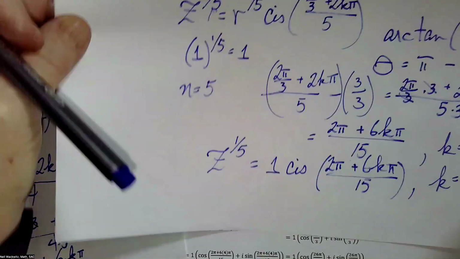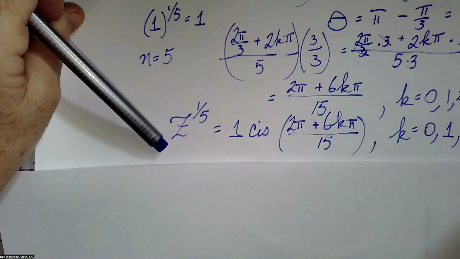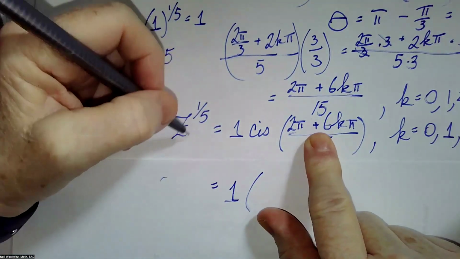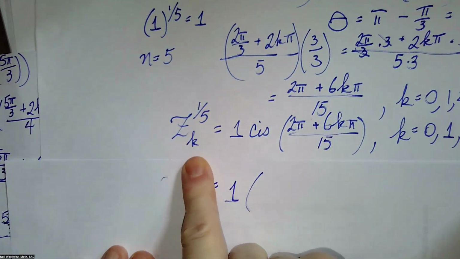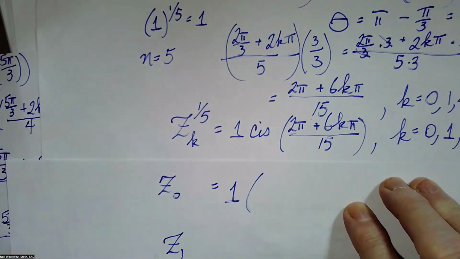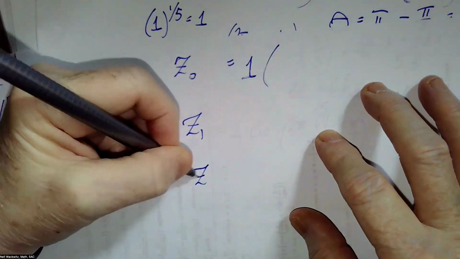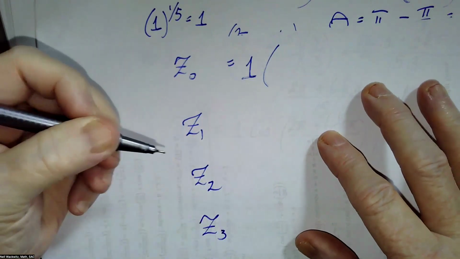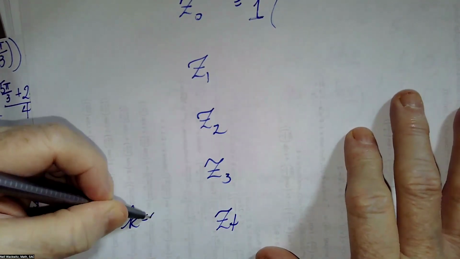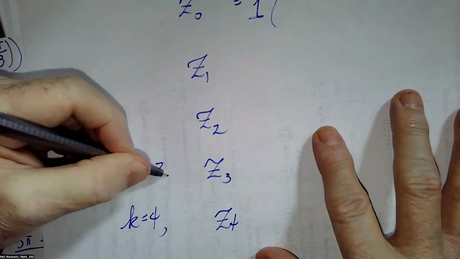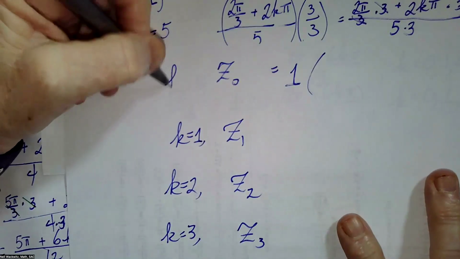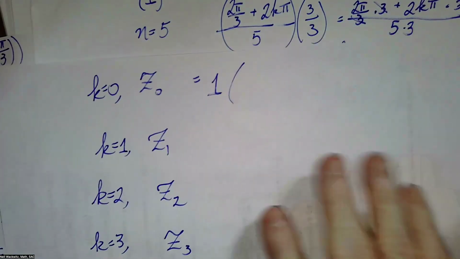And now we just write them up. Let's let z to the 1/5 sub k be the general, so that we've got z naught, z1, z2, z3, and z4. And let's fill in.